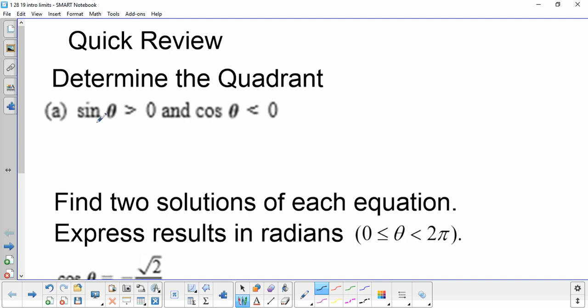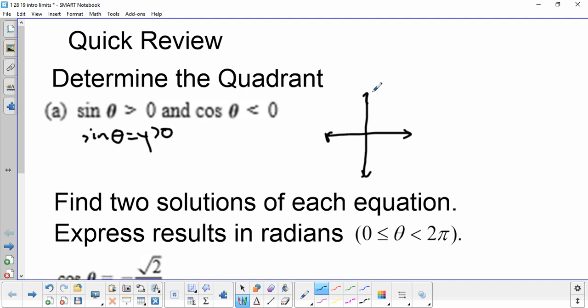So what we want to make sure is that we know how to find what quadrant, if I give you the sine of theta, which is greater than 0, and the cosine of theta, which is less than 0, what quadrant would that be in? What I would normally do is draw out an axis. Sine of theta is actually going to equal y, so y has to be greater than 0.